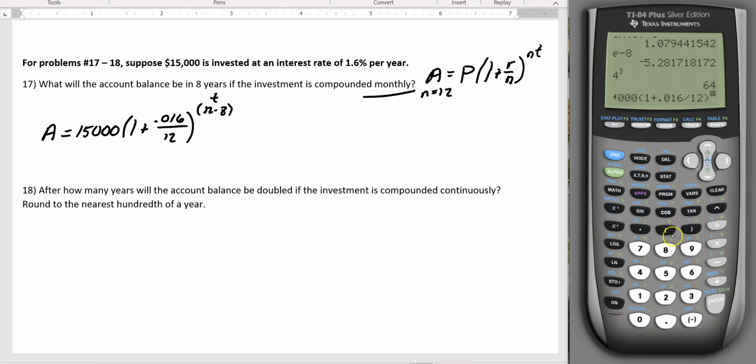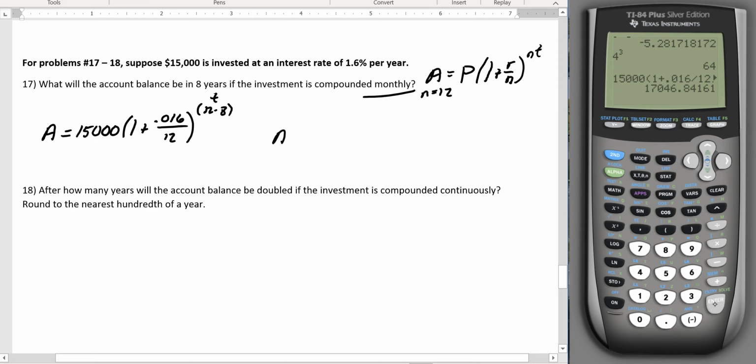The important thing is that we put this all in parentheses. All right, and when I press enter, I get $17,046.84. So A will equal 17,046.84.